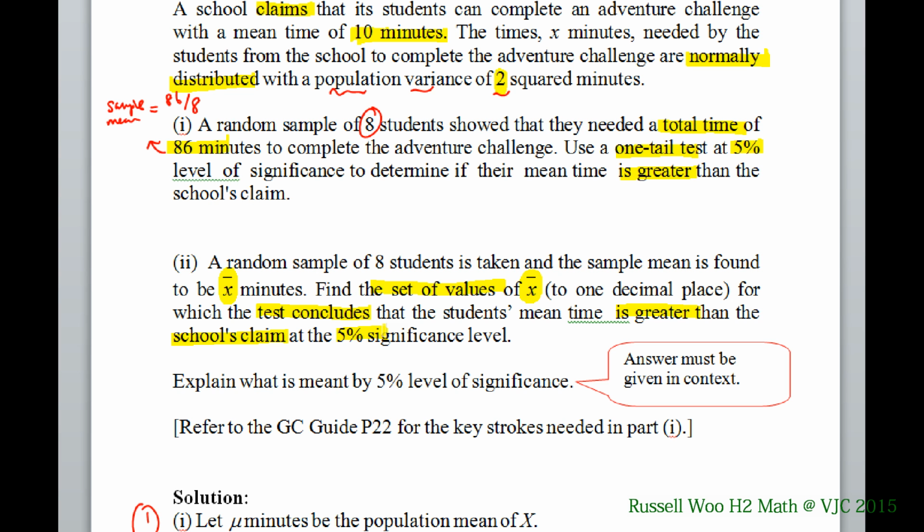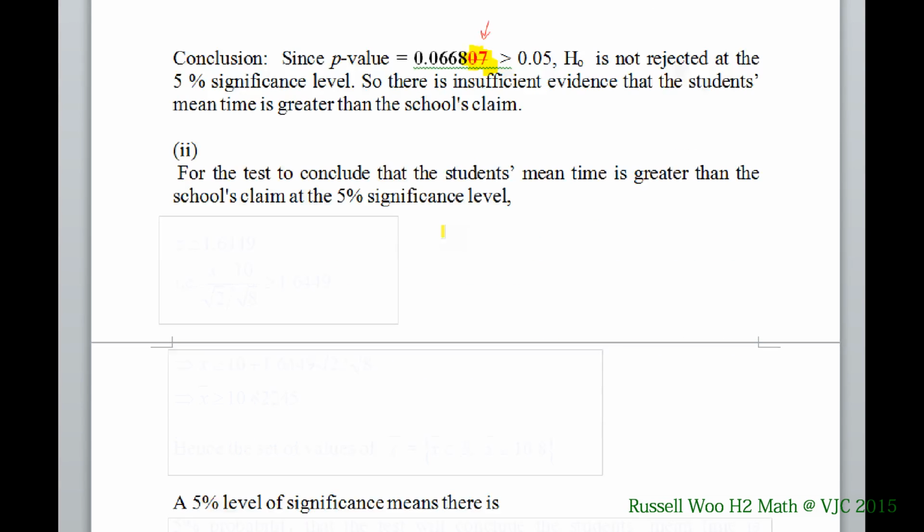You tell the conclusion first, then you're supposed to tell me what values X bar can take. So how are we going to answer this question? Okay, let's go and see it. Now we have to make use of the method C that we talked about. Look. This is your Z.